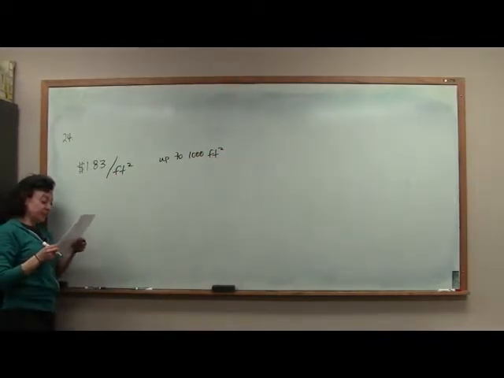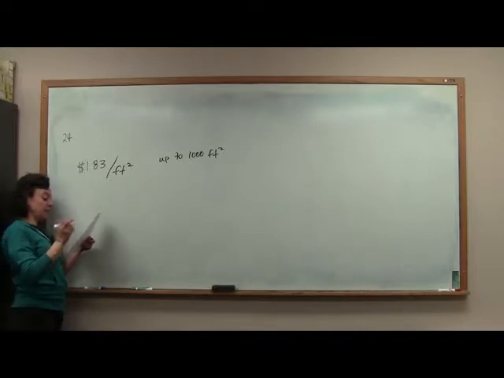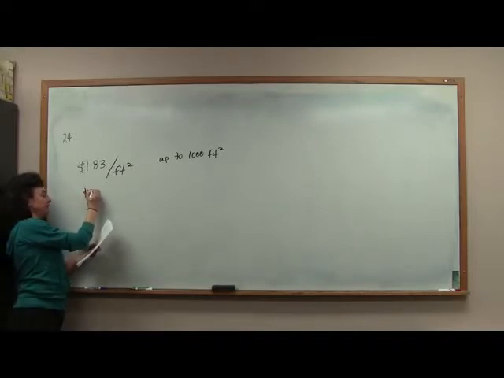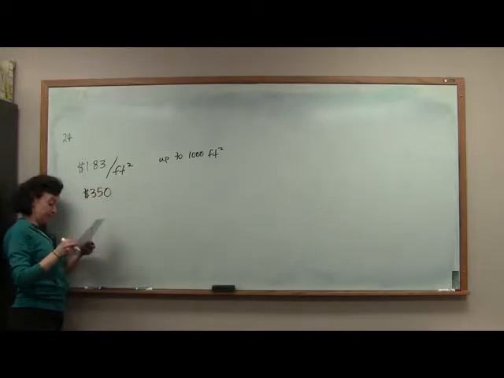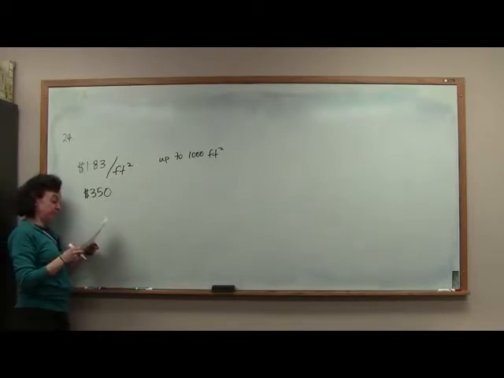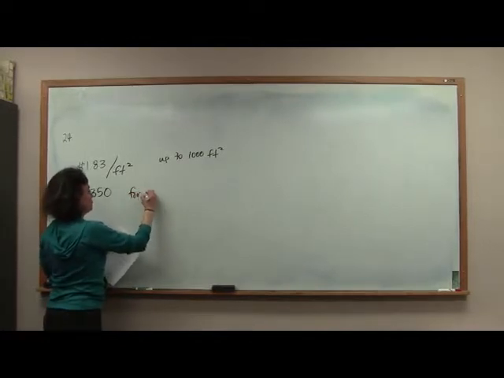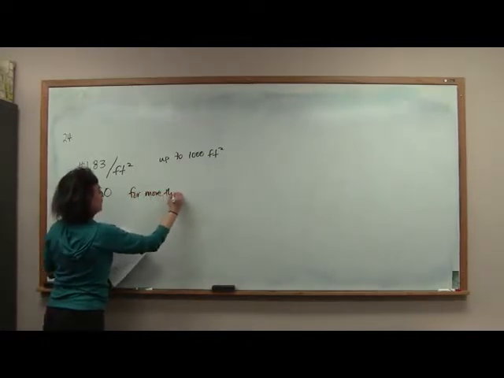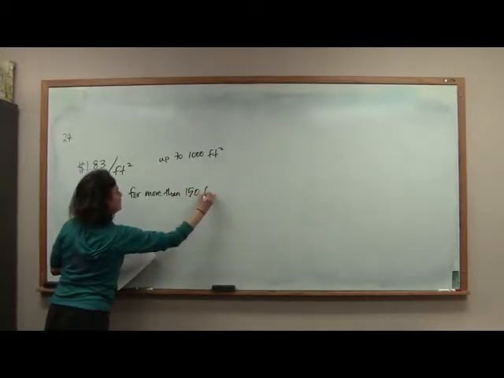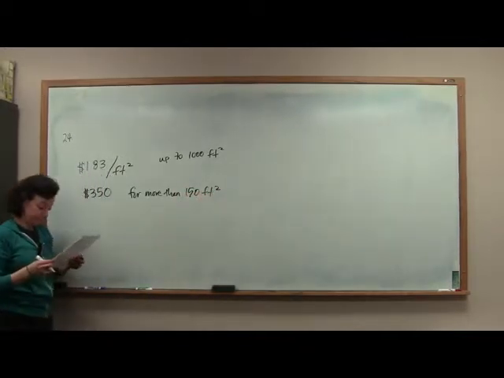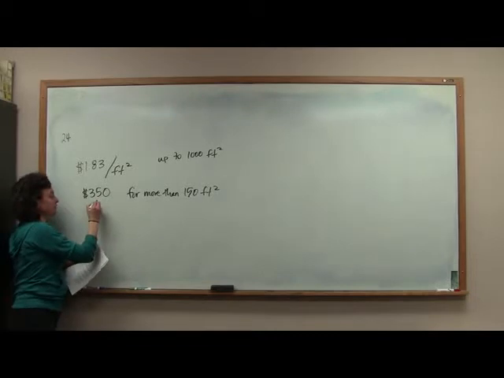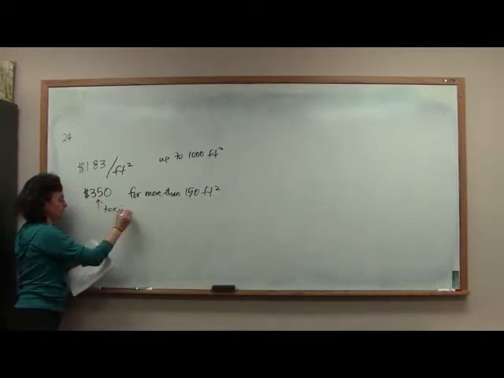There is an additional charge of $350 for toxic waste disposal for any job that includes more than 150 square feet of tile. So for more than 150 square feet of tile. And this is for toxic waste.